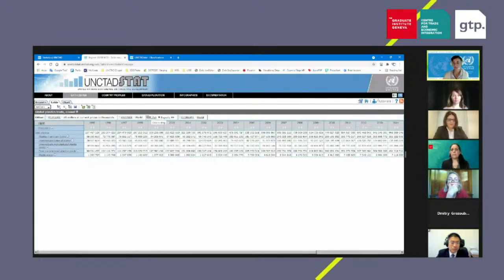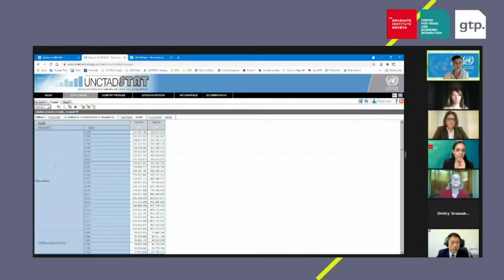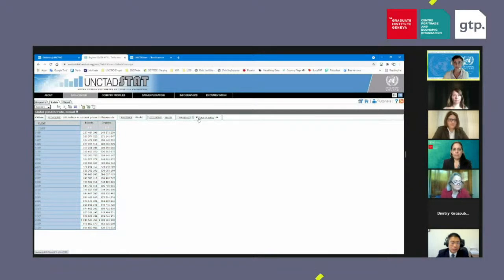If I want to compare export and import, when you have these four arrows, I can move the dimension to here to compare import and export of total plastics, plastic in primary forms. I can also switch the year if I want another way of showing data. I can switch like this. If I want to remove the product and see only total trade, I can again swap the dimension to here.